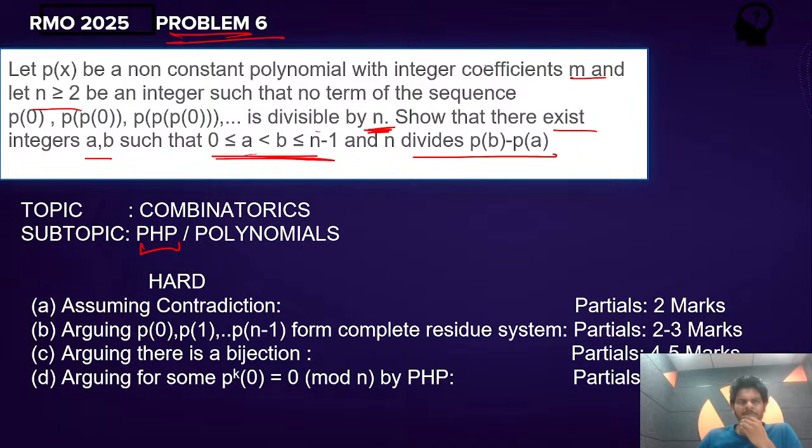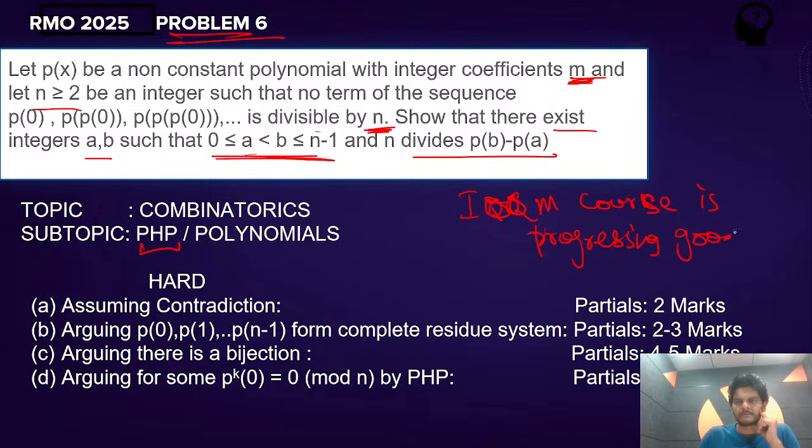Where did m come from? Where did m come from? I don't remember doing this. So we'll have to think about it. If time permits, if we progress fast enough with our IOQM course, which is progressing well, we will start RMO problem solving.